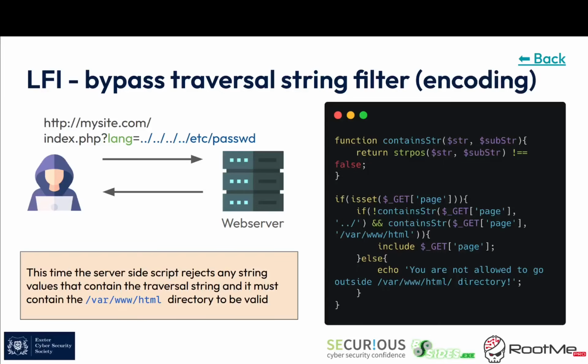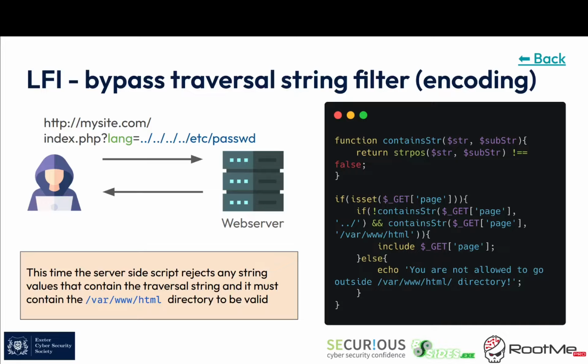A second way to bypass a string filter is using encoding. This is very similar to using URL encoding to bypass string filters. This time I put the source code here that you can see. I think you might be able to get the gist of what it's doing based on the PHP code.